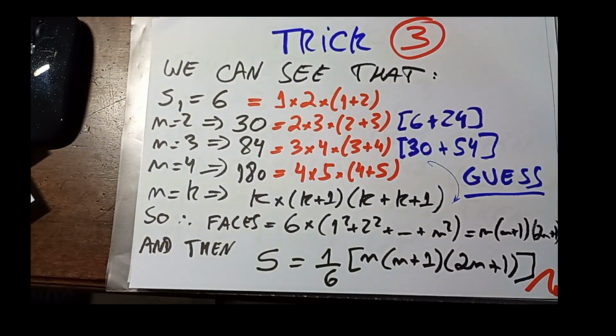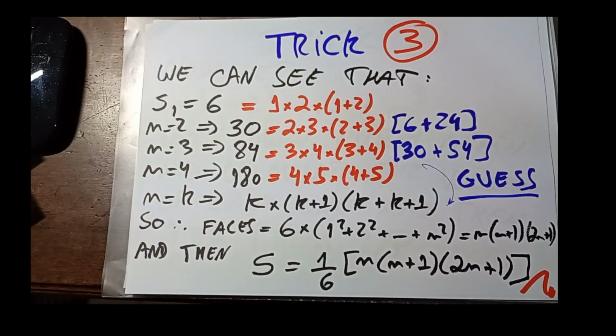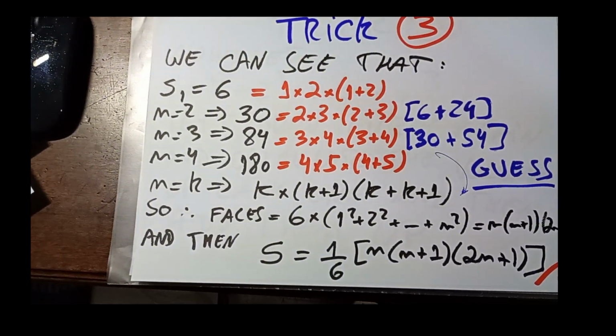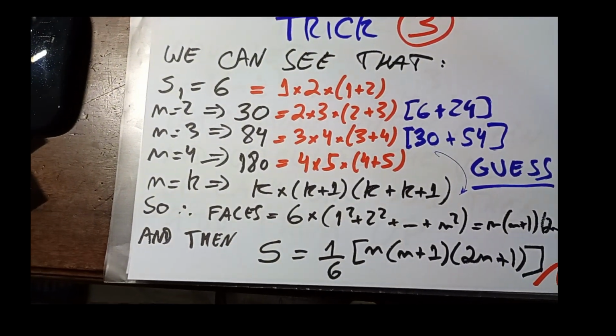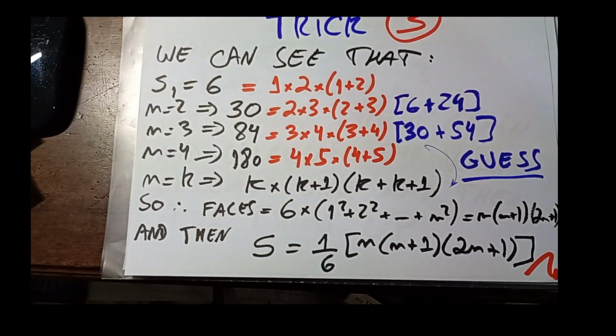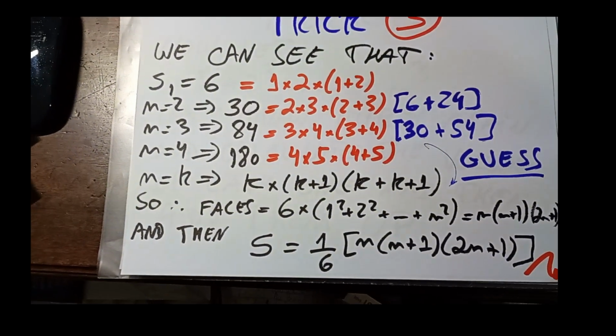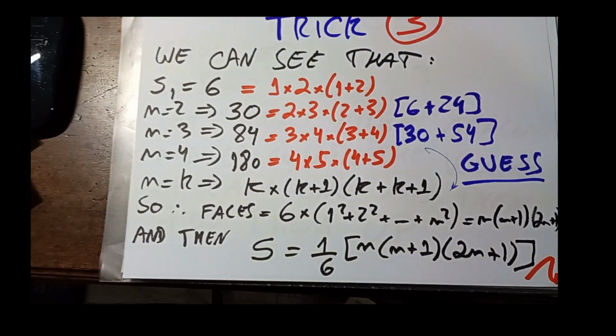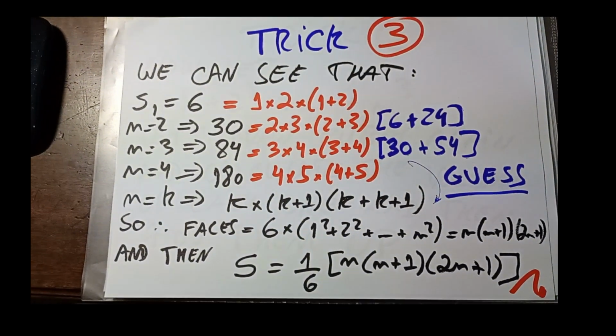So we know that the series 6, 30, 84, 180 is, in the case of 6, 1 times 2 times 1 plus 2. For n equal to 2, 30 is equal to 2 times 3 times 2 plus 3, and so on.